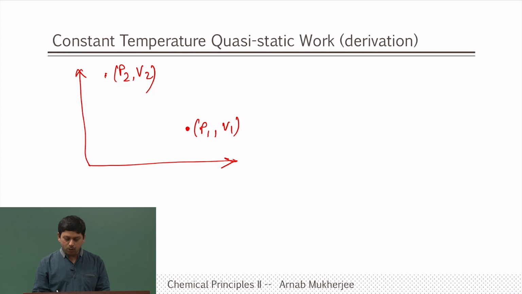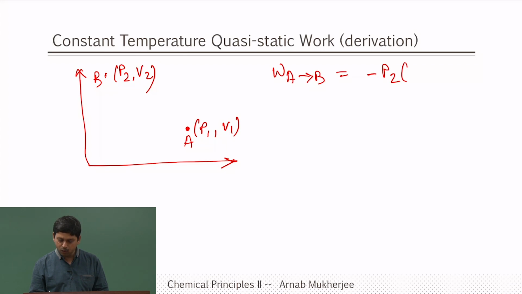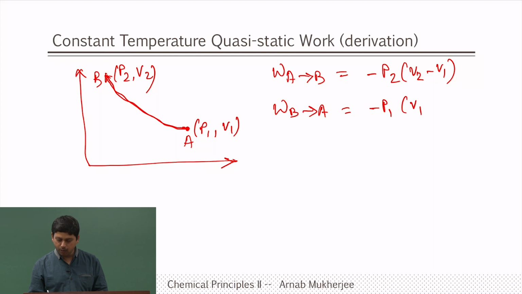So, when we go from P1 V1, let us call that A, to B, the work done going from A to B was minus P2 times (V2 minus V1), right. Now, let us go back. So, we went from A to B, now let us go back from B to A. What will be the work done? Minus P1 times (V1 minus V2), correct.